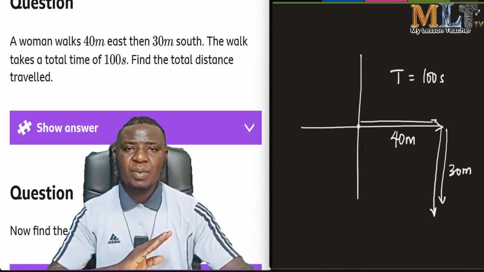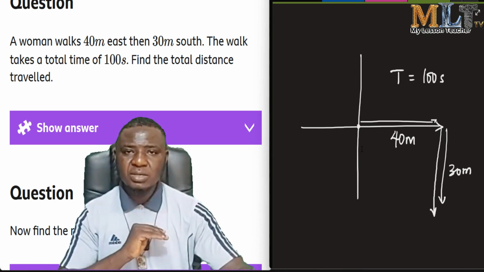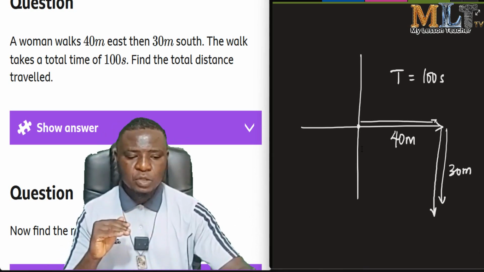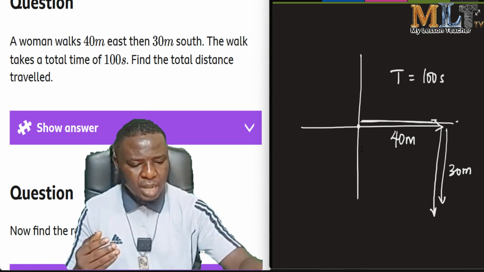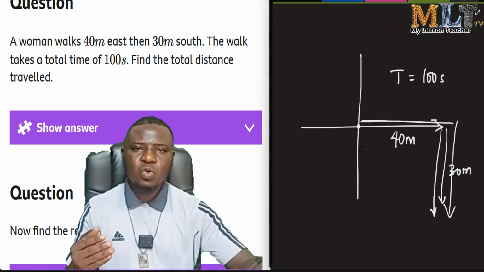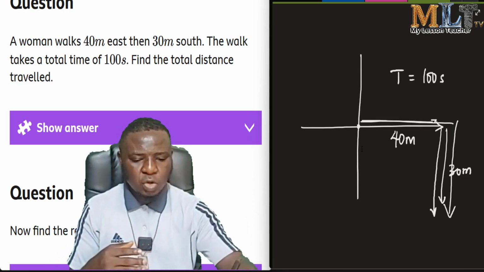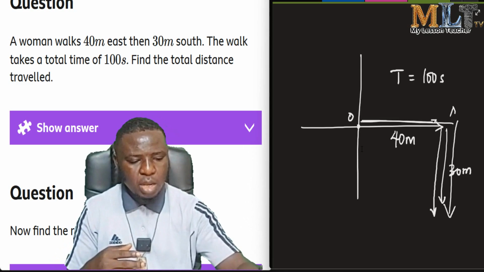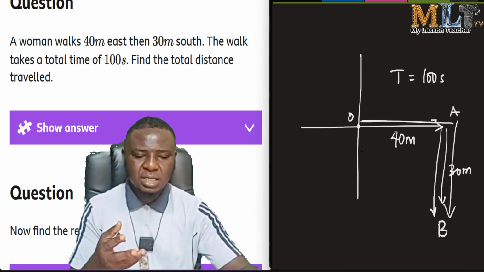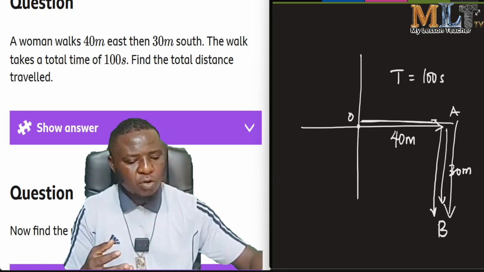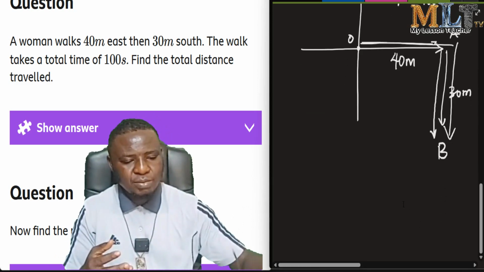Total distance talks about the total distance she moved. If you look at the total distance, she went this way and then this way, so you ought to add the distances. Let's call this O, A, B. From OA, she went 40 meters, and AB, she covered 30 meters.